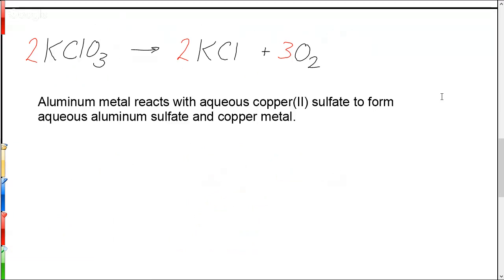No, that means in water. So the solution in water, that just says the state. So you put S for this, it's a solid metal.